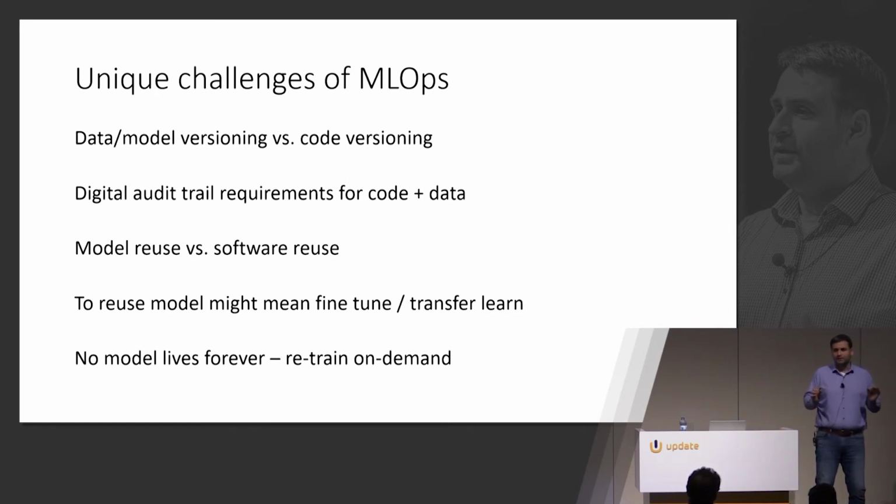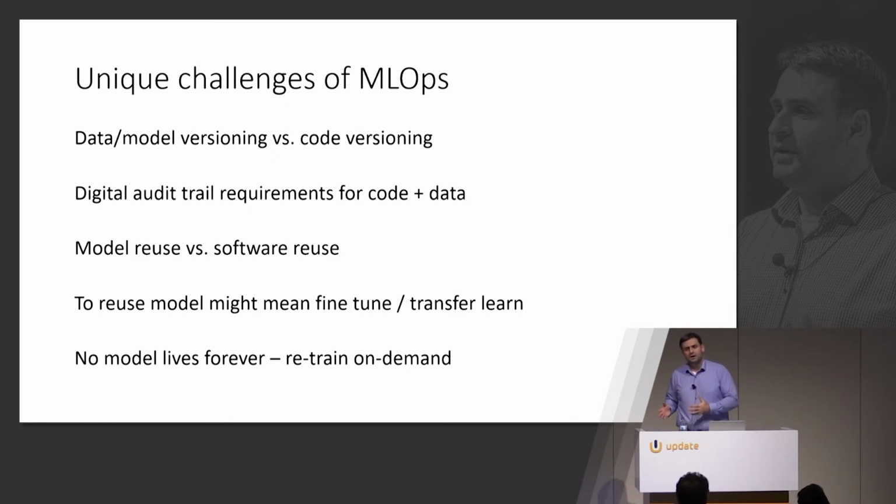You need to be able to produce a digital trail for any kind of audit that starts from a result produced by the model and ends with source code plus data that has been used to train that model. The patterns of reuse are different when it comes to machine learning models than the ones that are related to classical software reuse. And I will touch on that in a moment.